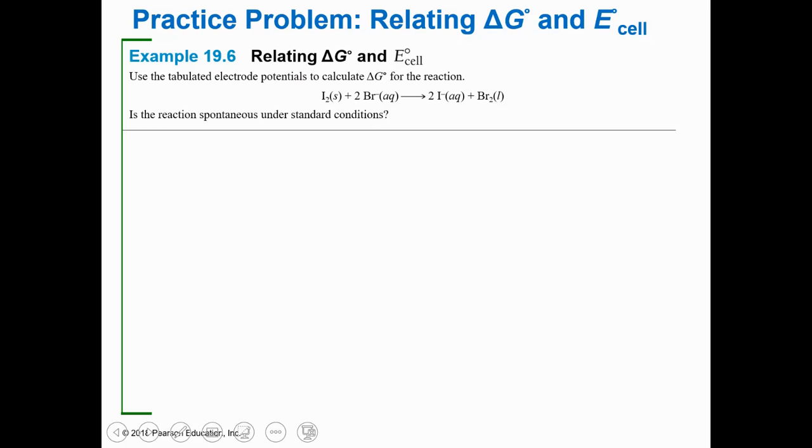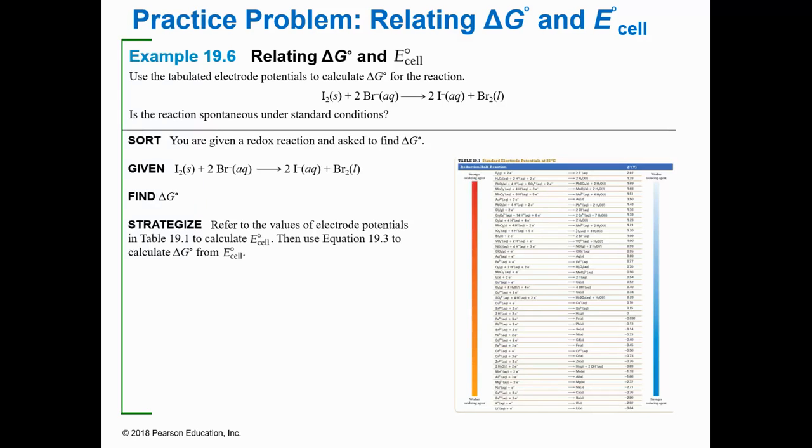Okay, so is it spontaneous? Calculate delta G, but all they did was give us a reaction. So the first thing we need to do is find E cell, and it's going to show us our chart. All right, so we've got I2, gotta find it. I2 plus 2 electrons is 2I minus, and that is 0.52 volts.